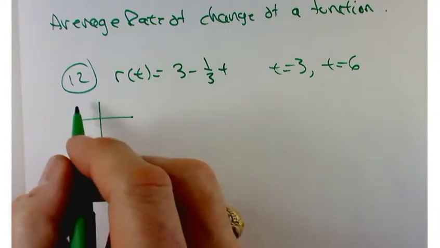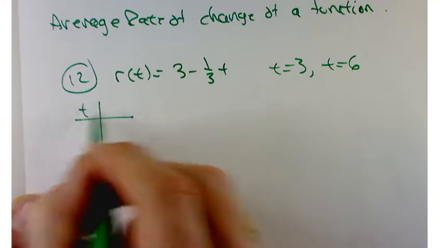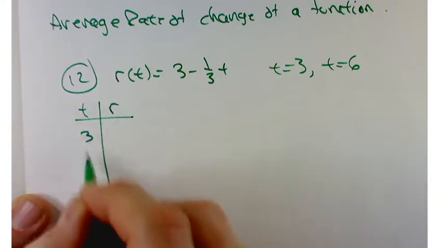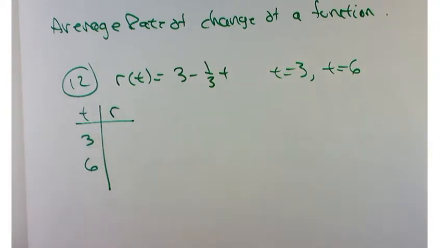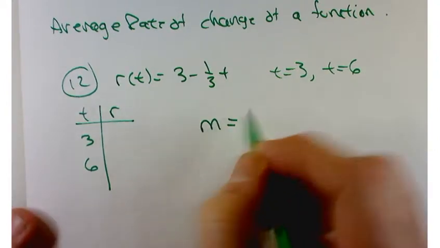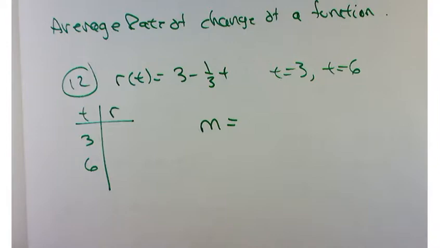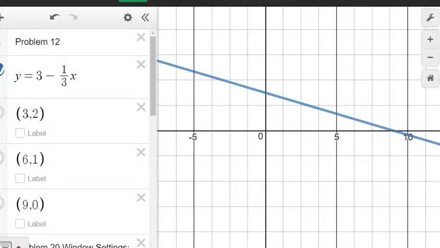You could think of it this way, of t and r, 3 and 6, and just want to find the y coordinates here and find the slope of the line. Let's do it on Desmos and see if we can't get a little bit more insight into it in terms of its graph and some of the geometry. So let's turn on some of these points.